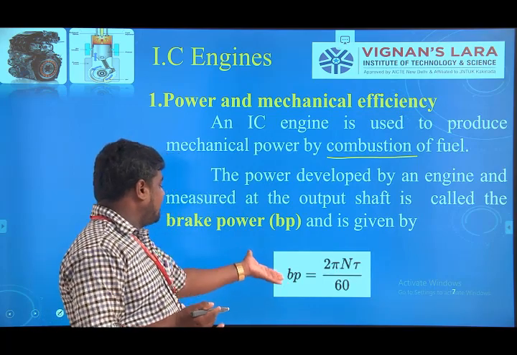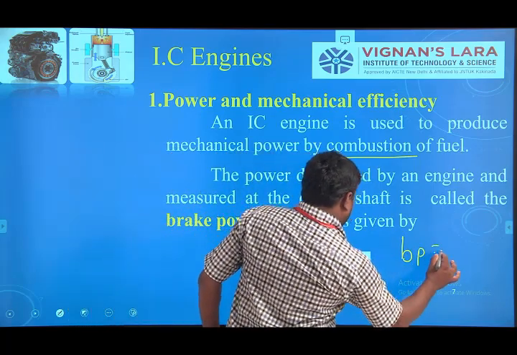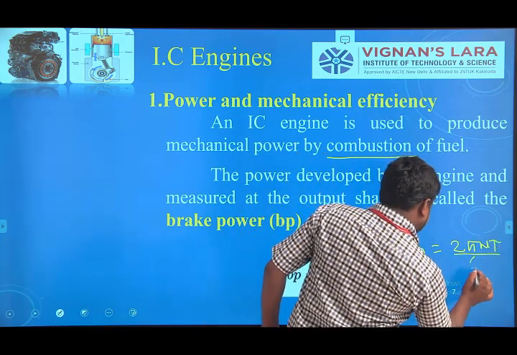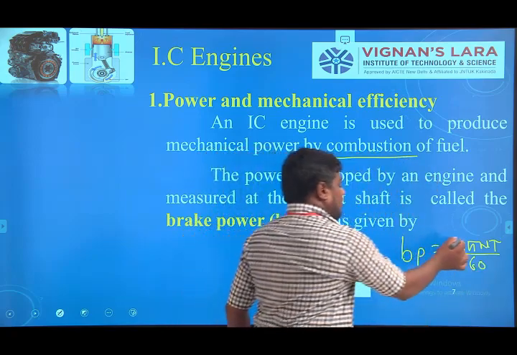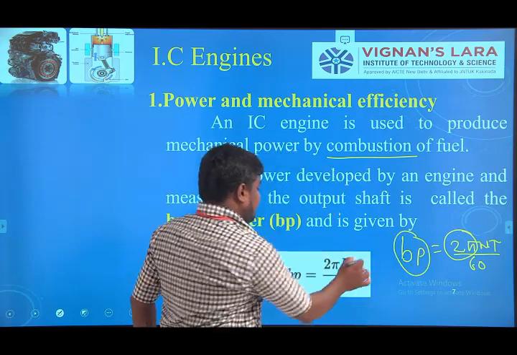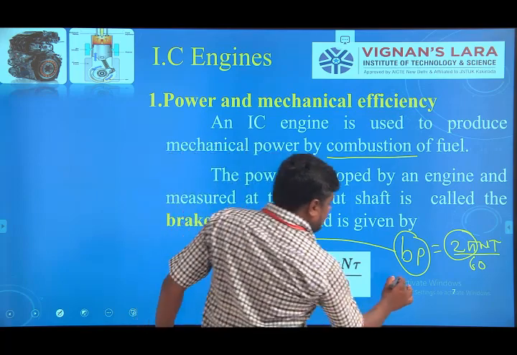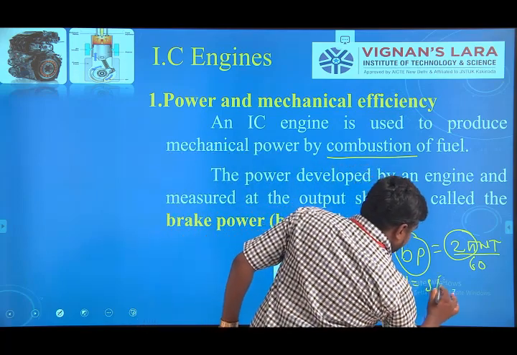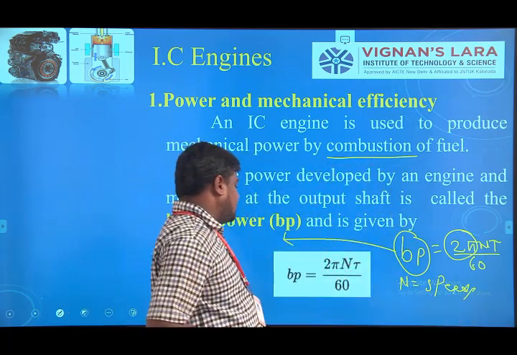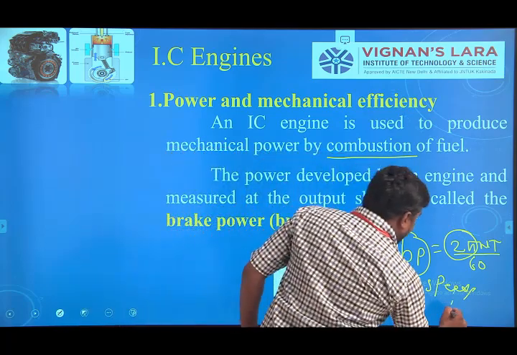The brake power is given by BP equal to 2 pi NT by 60. Here 2 pi is a constant value, and BP means brake power, and n is the speed in revolutions per minute, so rpm, and then T is the torque.